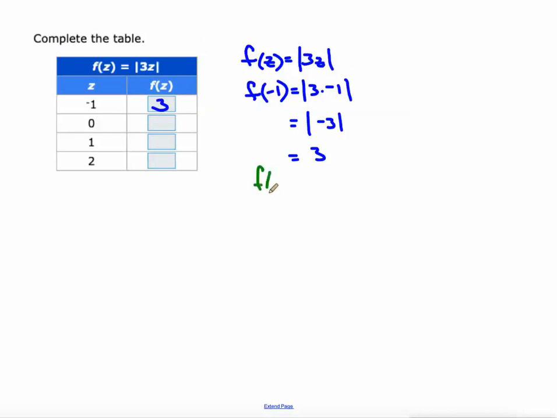If we do f of 0, then we're doing the absolute value of 3 times 0. Obviously, 3 times 0 is 0, and the absolute value of 0 is 0.